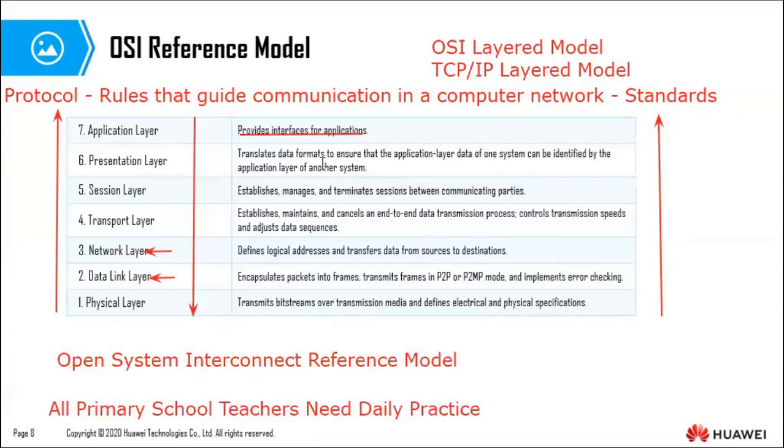Because HTTP, Hypertext Transfer Protocol, is the protocol that enables the transfer of web pages over the network or internet. So that is one of the protocols that operates on the application layer.